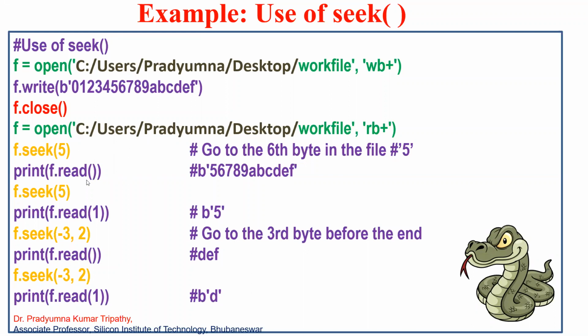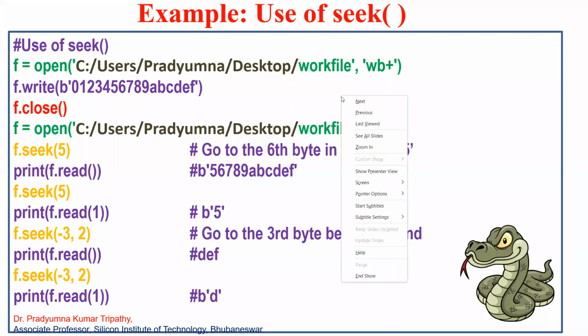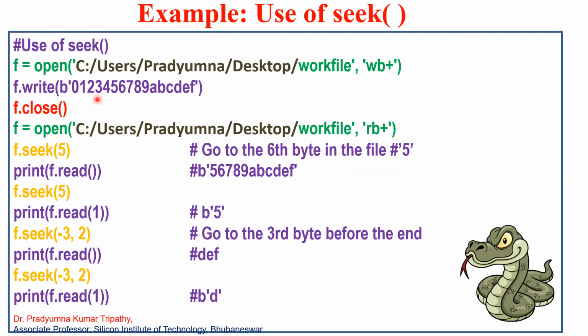So what will it print? 1, 2, 3, 4, 5. So it will start printing from here: 5, 6, 7, 8, 9. Because my file pointer is over here. Correct?